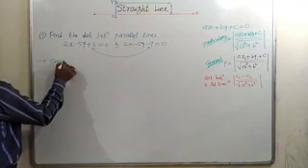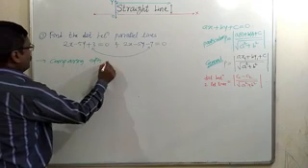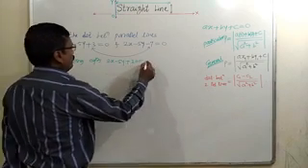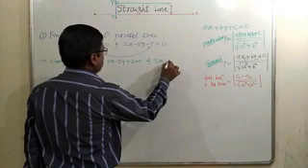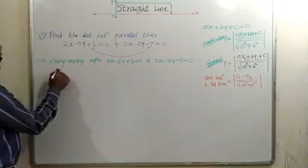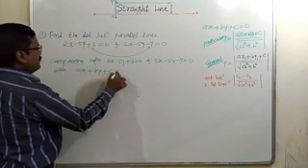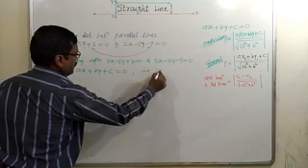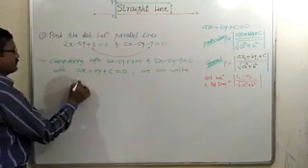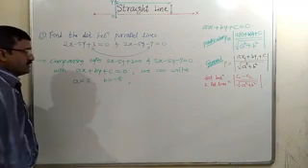So comparing the equations 2x minus 5y plus 3 equal to 0 and 2x minus 5y minus 7 equal to 0 with the general form ax plus by plus c equal to 0, we can write a equal to 2, b equal to minus 5.